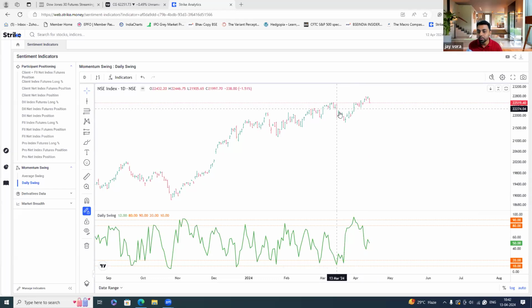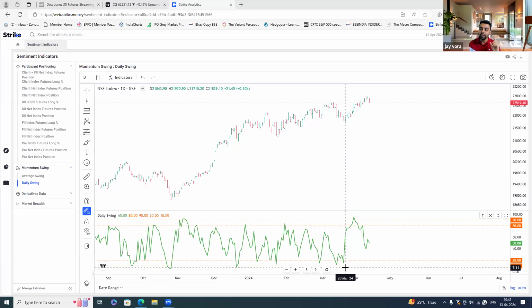Similarly, when it was going down over here, everyone was expecting it to fall, but you saw that it has come towards the oversold zone. In such a situation, like I told you, the existing trend can halt, if not reverse and bounce.